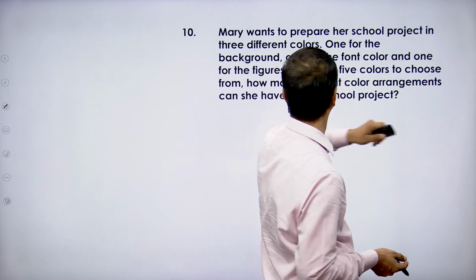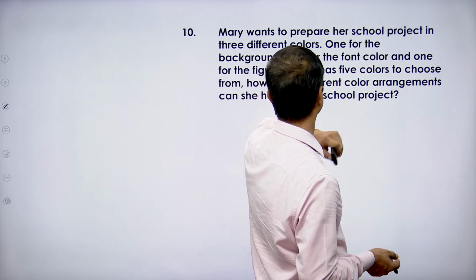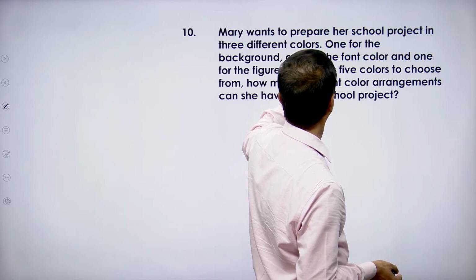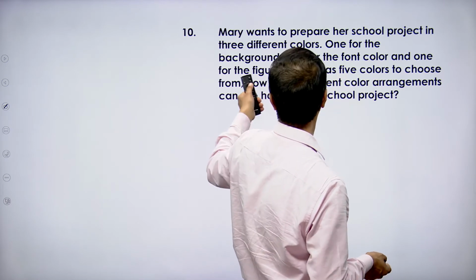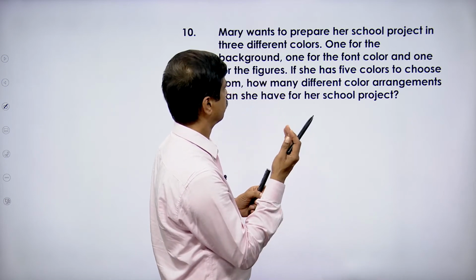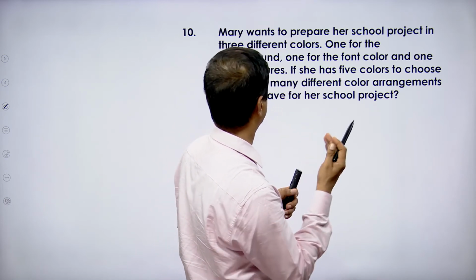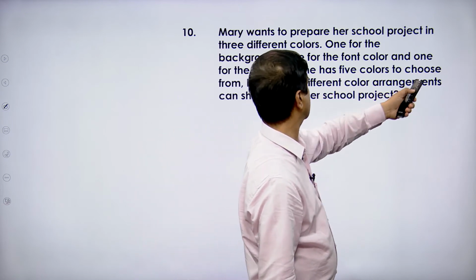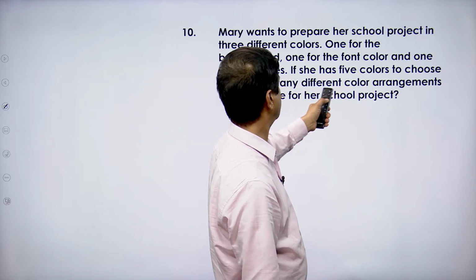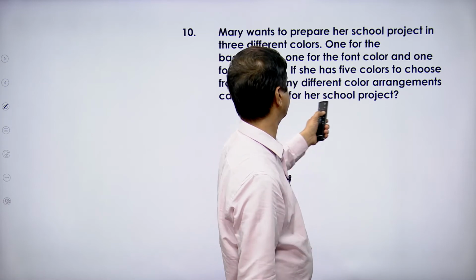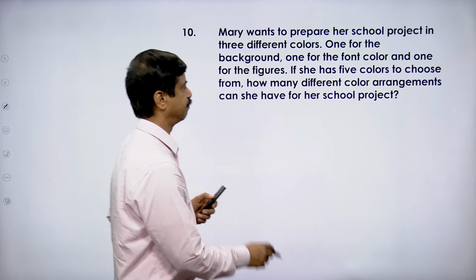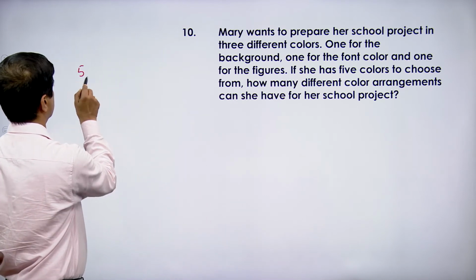Mary wants to prepare her school project in 3 different colors, one for the background, one for the font color, and one for the figures. So if she has 5 colors to choose from, how many different color arrangements can she have for her school project? Means out of 5 she needs to pick 3 at a time. So 5C3 ways or not?